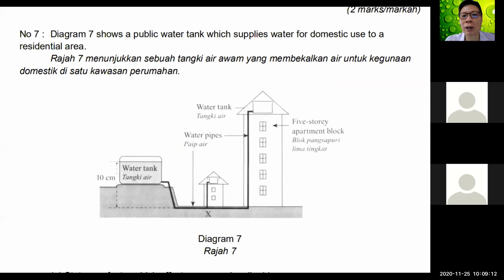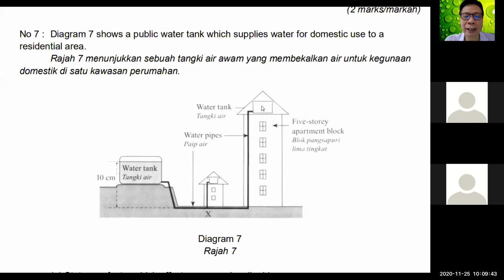This question is on water pressure. The diagram shows a public water tank. This is a public water supply tank, supplying water to the flat. You can see near the flat, on top, there is another water tank, meaning that this water supply system is supplying the water to the houses here and also to the flat.